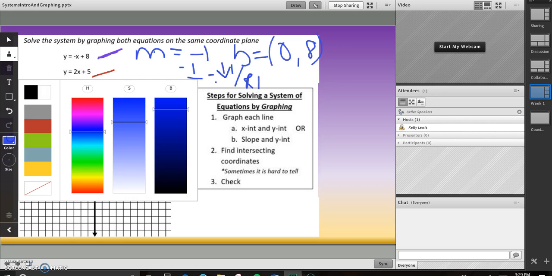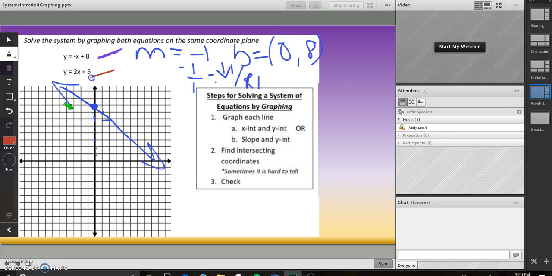Okay, then I'm this guy. The slope is 2, and the y-intercept is (0, 5). 1, 2, 3, 4, 5.